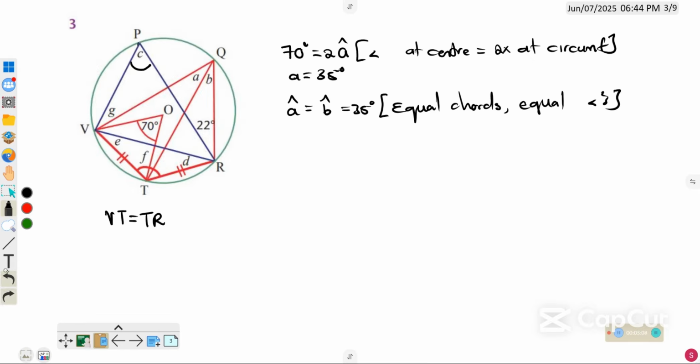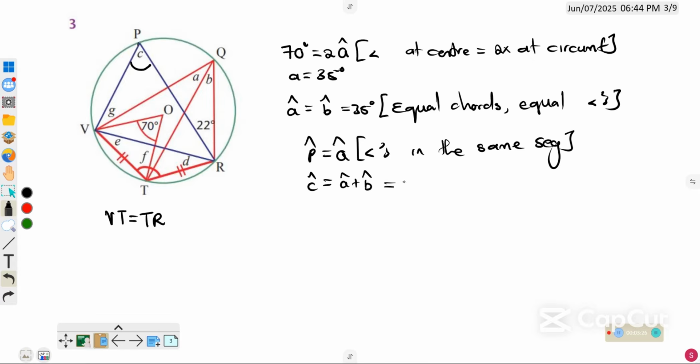And those are angles in the same segment. Why? These are angles in the same segment. Alright, so by default this is angle C. As you can see, Q is equal to A plus B. So it's angle A plus B, which is 70 degrees, 35, 35.